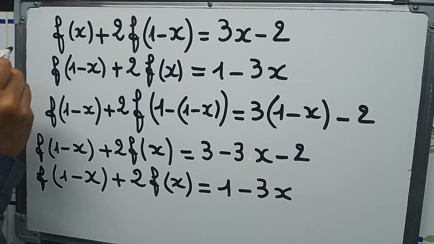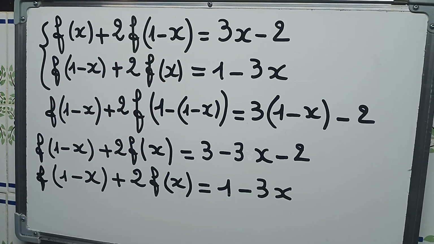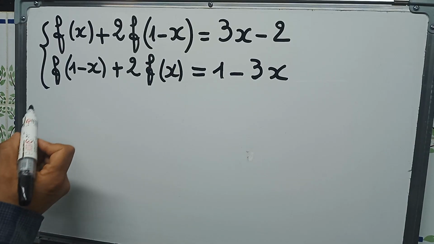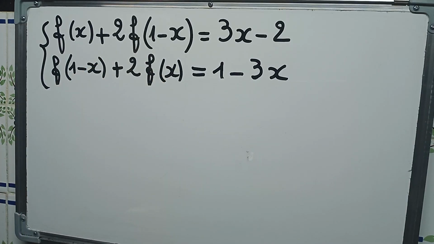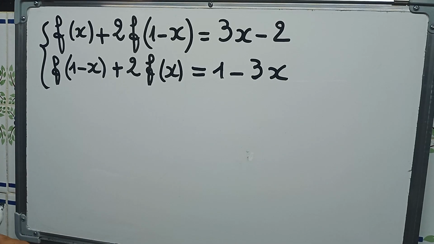Now we will do an elimination. We will eliminate f of 1 minus x to have our f of x. Now we will try to get rid of this term, f of 1 minus x, of course, by elimination. So for that we will multiply this equation by 2.